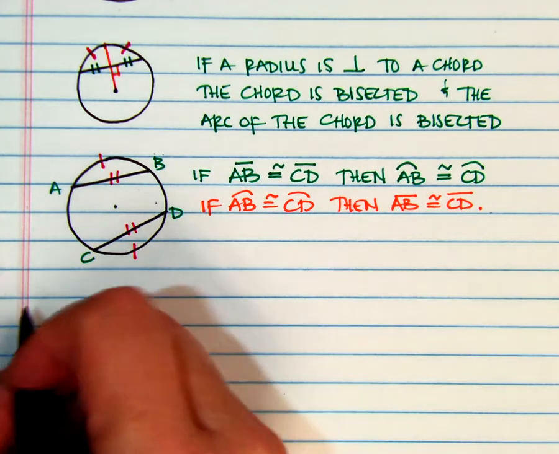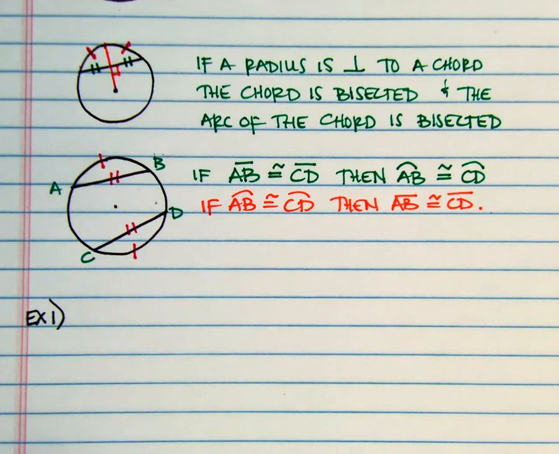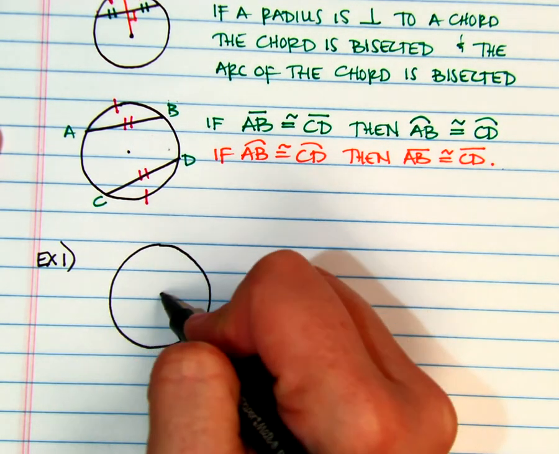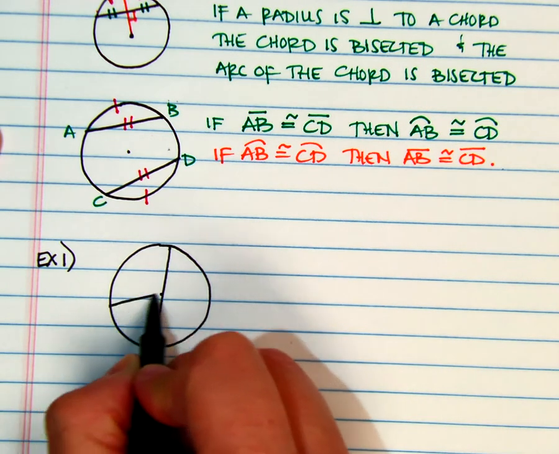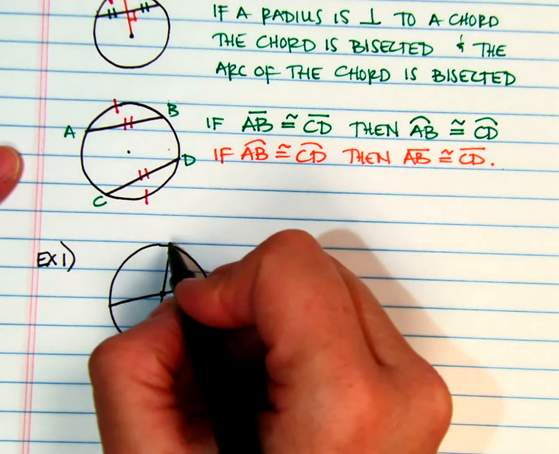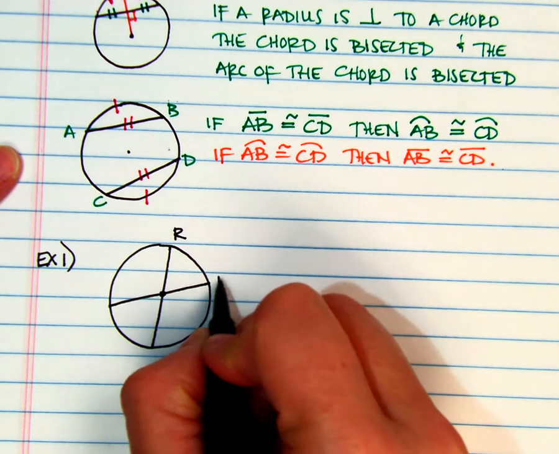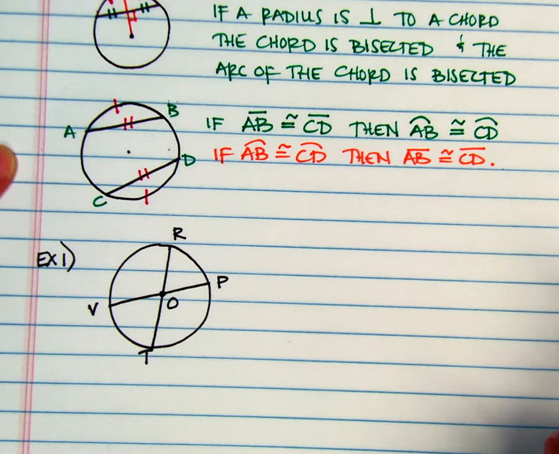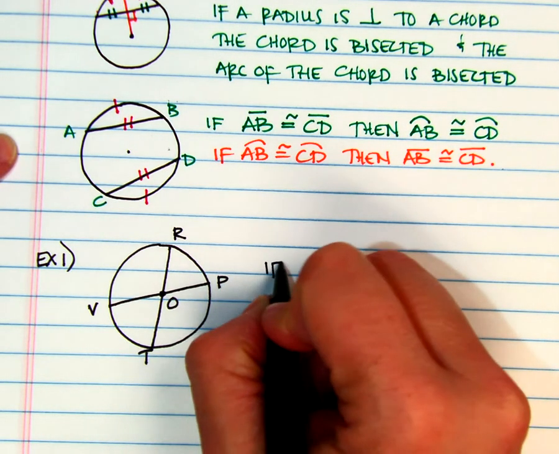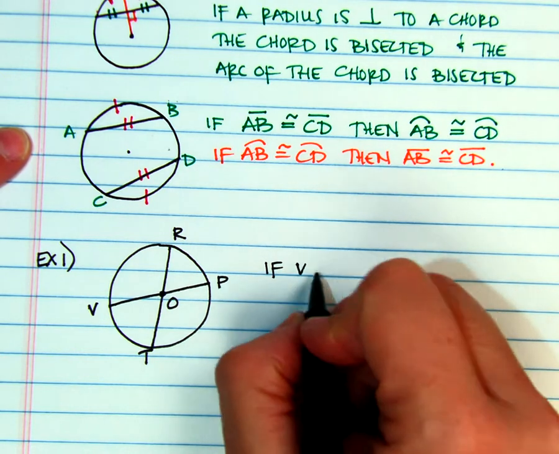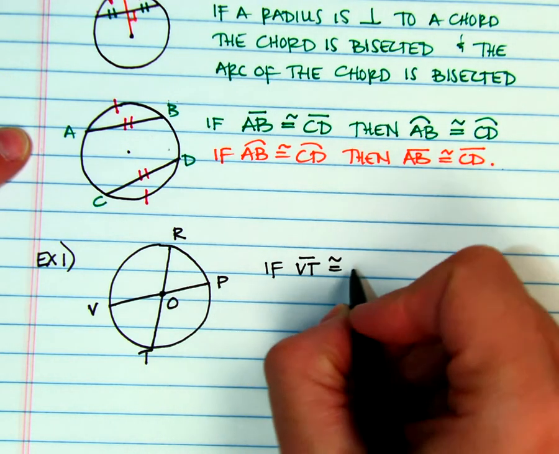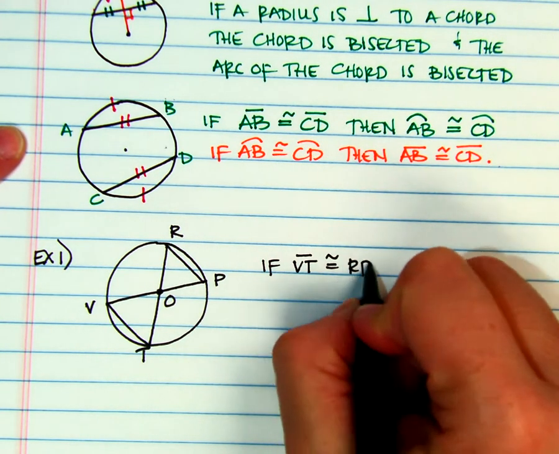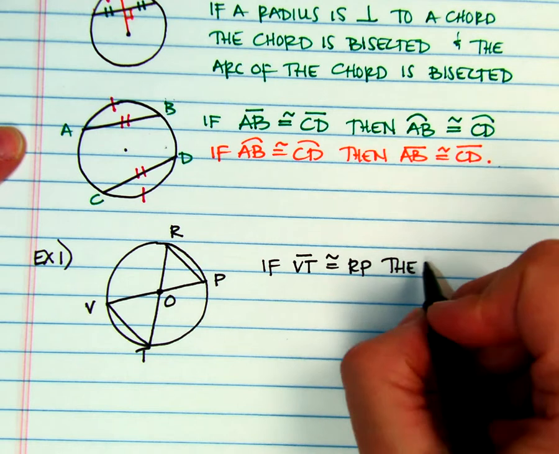Okay, so we're going to do the first example. And we have a circle. We have two diameters. So if chord BT is congruent to chord, oops, I forgot the chords, RP, then what can we conclude?